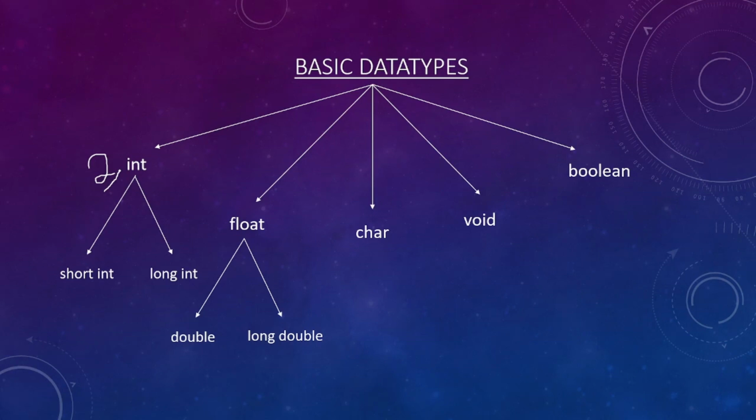Short int is used when your value is very small and using 2 bytes would be a waste. What do you do then? You go for short int. What does the short int do? Whenever you declare any variable under short int, it will always allocate 1 byte.